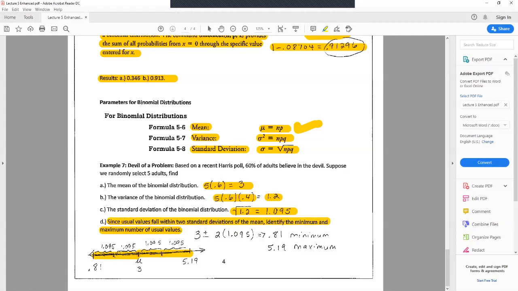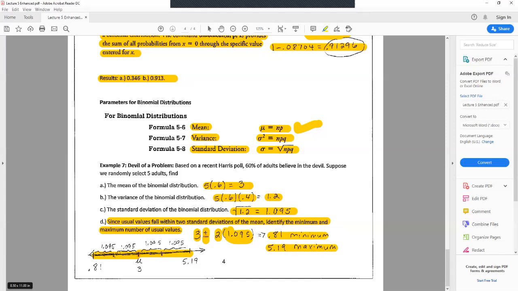So take your average, which is 3, and add 2 standard deviations, and then take the average and subtract 2 standard deviations. So that's going to be 3 plus 2 times 1.095, and that would give you 5.19, which would be your maximum. And if you do 3 minus 2 times 1.095, you would get 0.81.